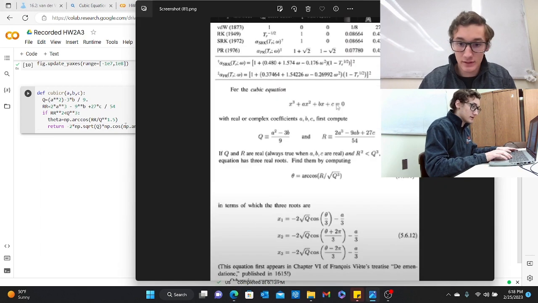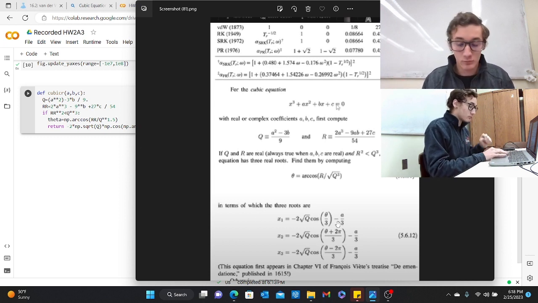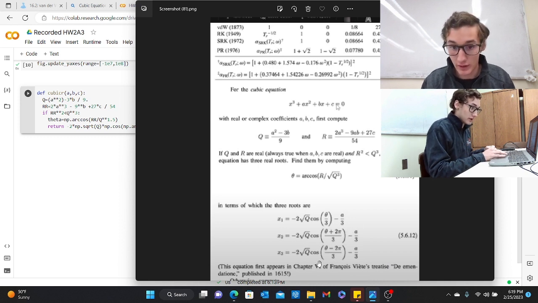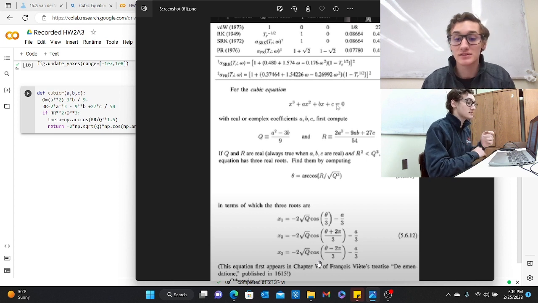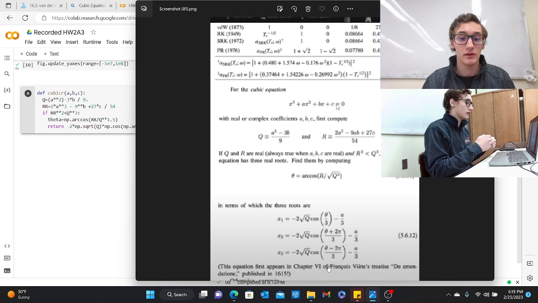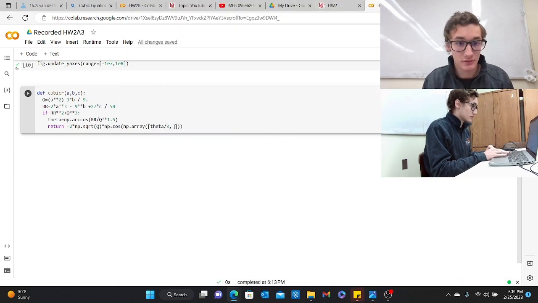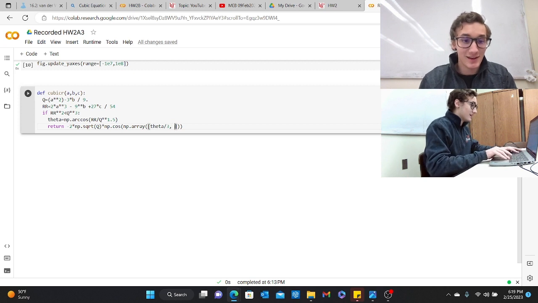The next term is, so actually this is something I want to clarify real quick. So when we did this, we were shown that this second root is actually bigger than the third root. And I guess that you might be able to see that by looking at the equation. So we're going to switch x2 and x3 in the equation. That way it's just easier for us to look at. So next we're going to do theta minus 2 np pi.